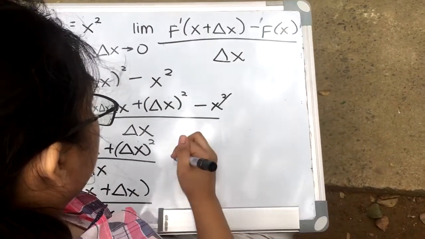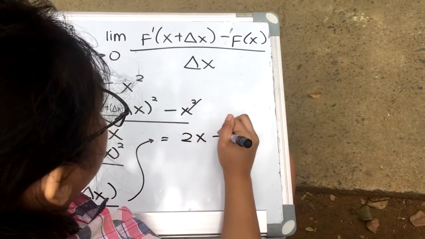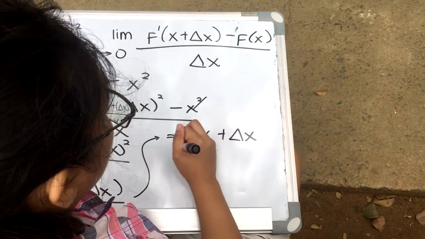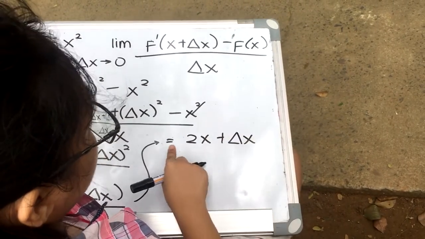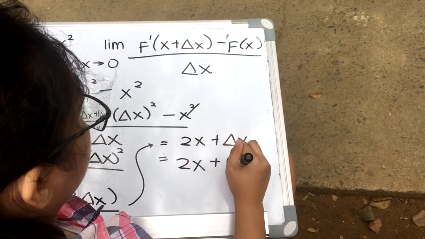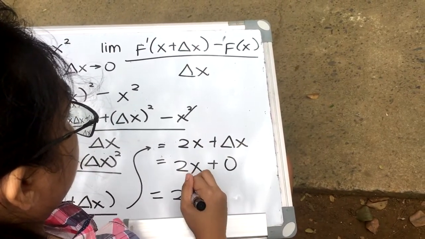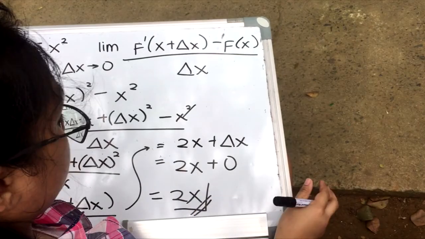Since we have delta x in the numerator and denominator, we can cancel them out. Okay, so we have 2x plus delta x, and since we have this left, we can directly substitute 0 for delta x, and 2x plus 0 is equal to 2x only. That's what we have.